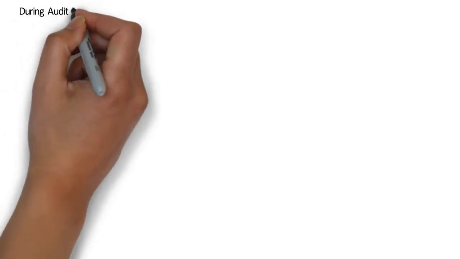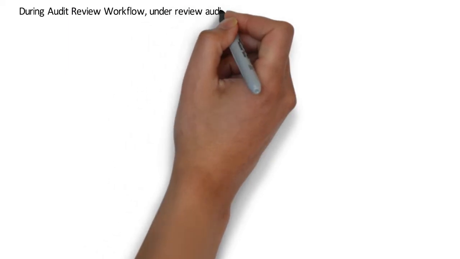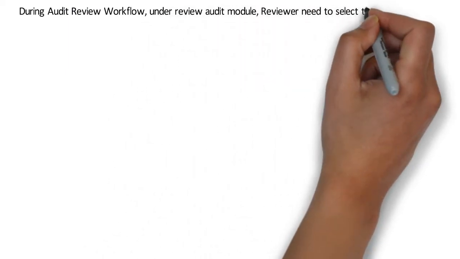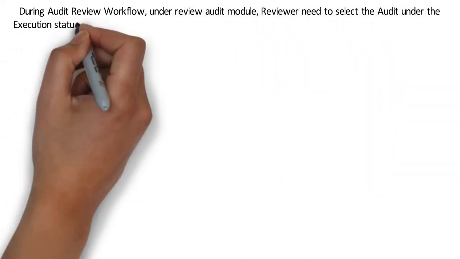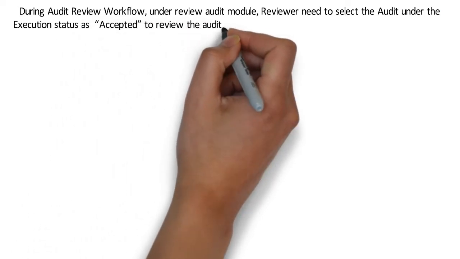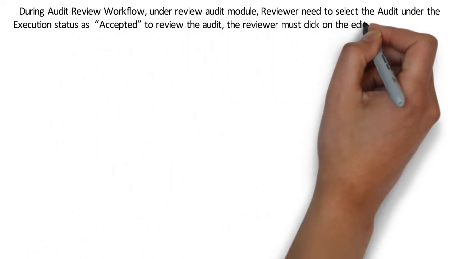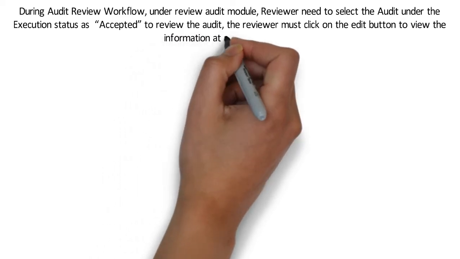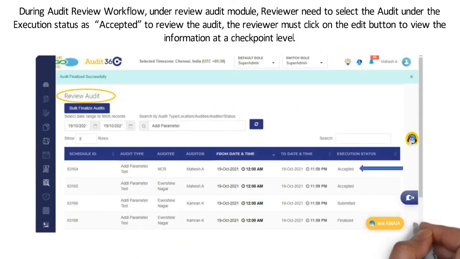During the Audit Review Workflow, under the Review Audit module, the reviewer needs to select the audit under the execution status as Accepted to review the audit. The reviewer must click on the Edit button to view the information at a checkpoint level.